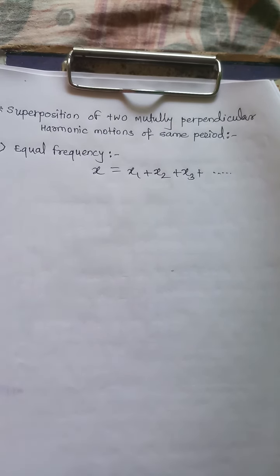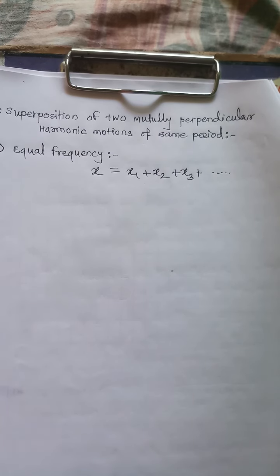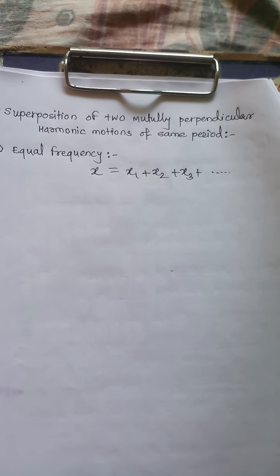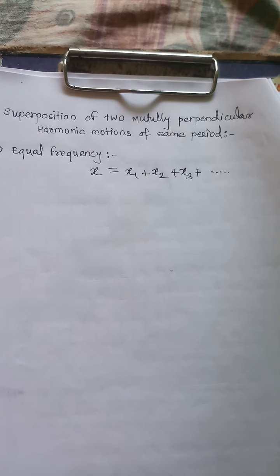Now we want to determine the superposition of two mutually perpendicular harmonic motions of the same period and equal frequency. Let a particle be subjected simultaneously to two mutually perpendicular simple harmonic motions of equal time period but of different amplitudes and different phase constants, one of them acting along the x axis and the other acting along the y axis.